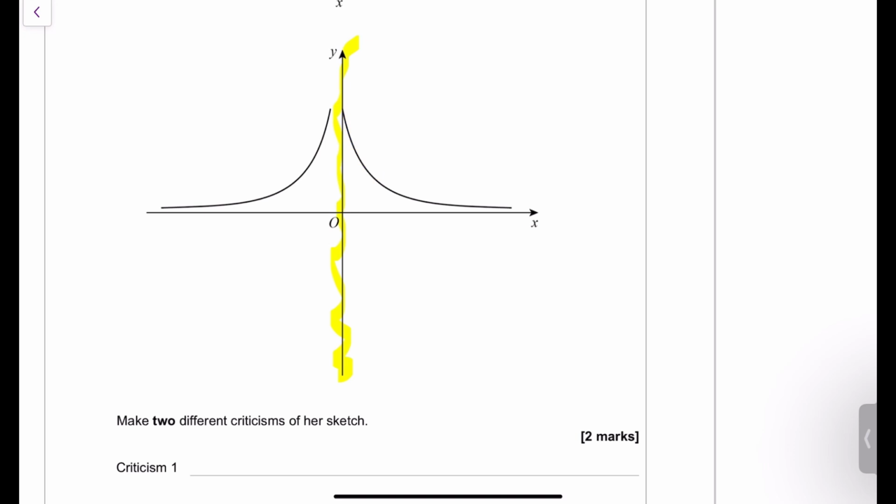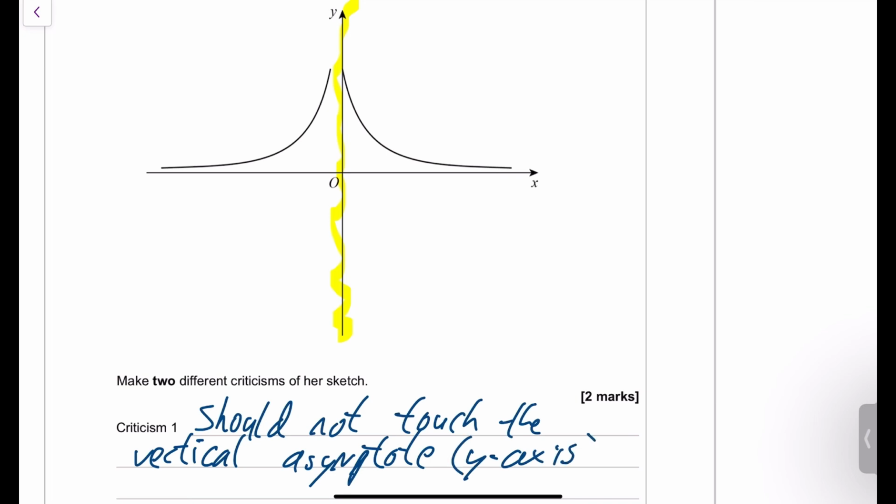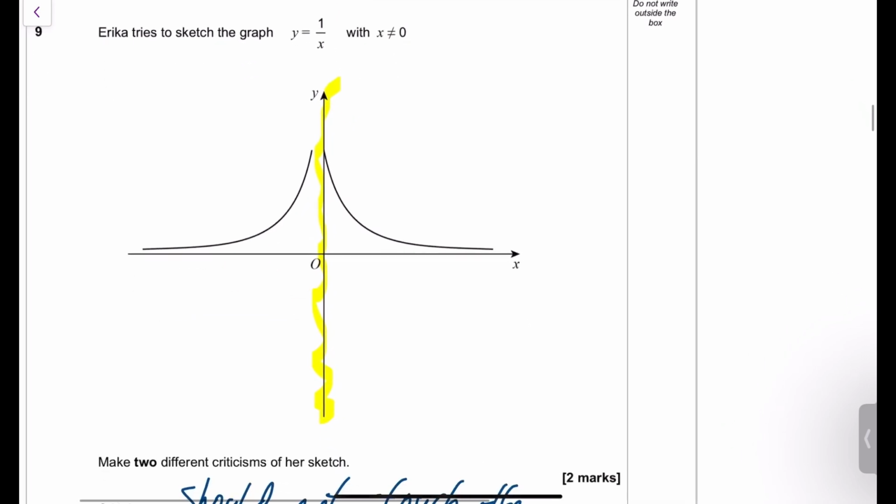Your line should not touch the vertical asymptote, which is your y-axis.